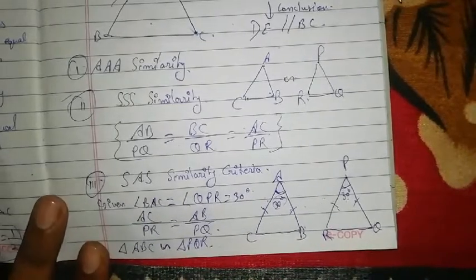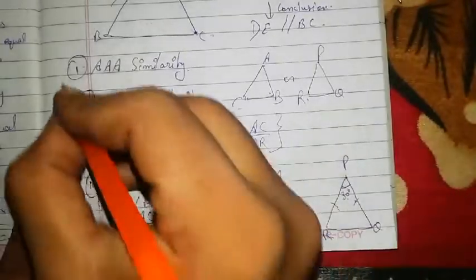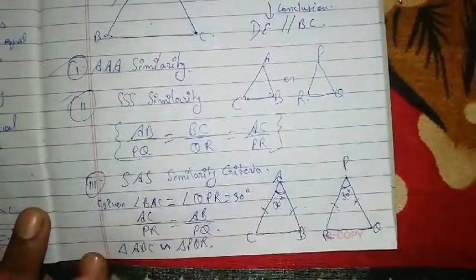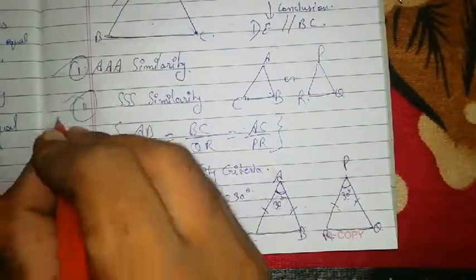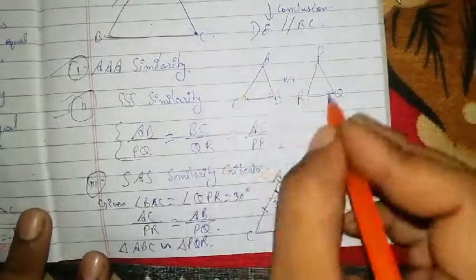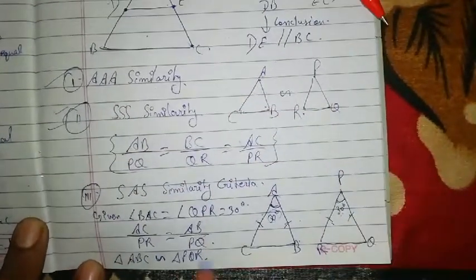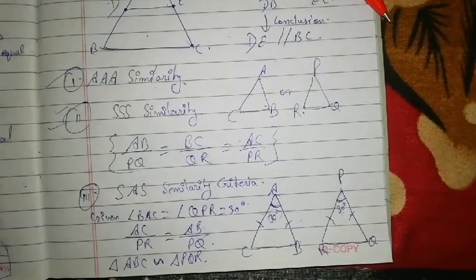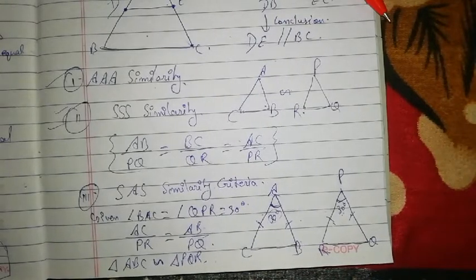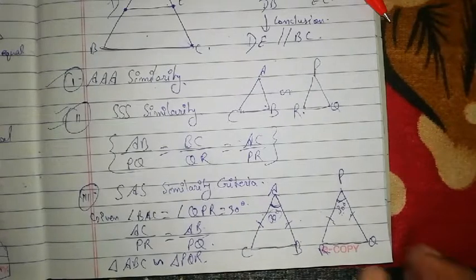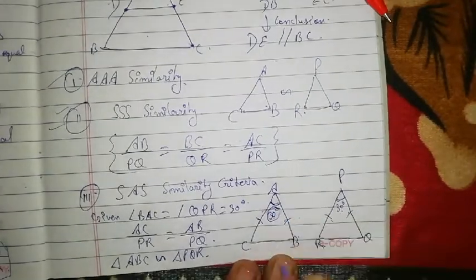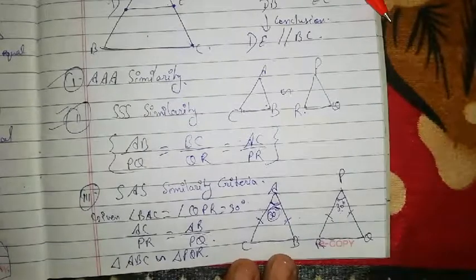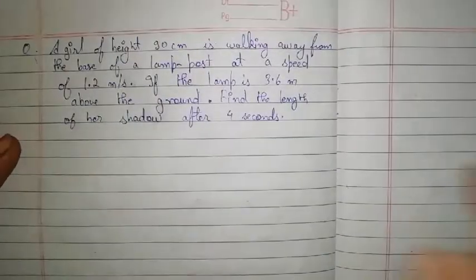So we have discussed angle similarity, if all the angles are equal. Side similarity means if all the sides are in the same proportion. What is SAS? If an angle of both triangles is equal and their corresponding sides are in proportion. Corresponding means the sides that are attached to that angle. Okay, so we have discussed the similarity criteria.